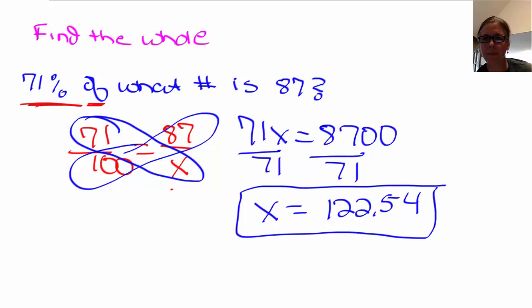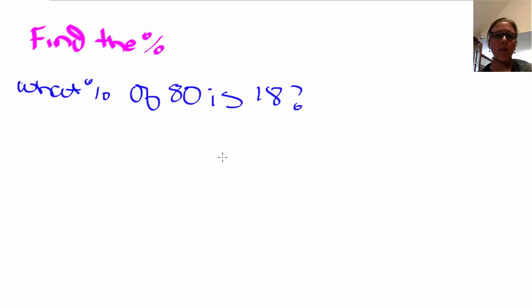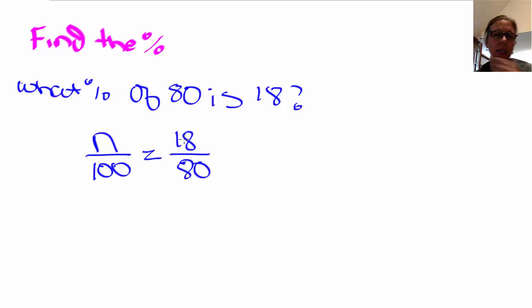Let me go back and do my actual first example. Find the percent. So what percent of 80 is 18? So we don't know the percent. That's what we're looking for. And remember, it's is over of. So 18 over 80, 18 is the part. Now it's not always the smaller number, okay?